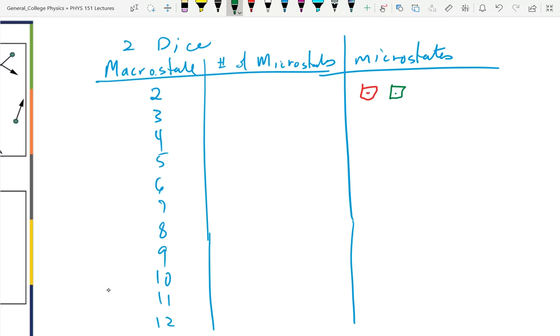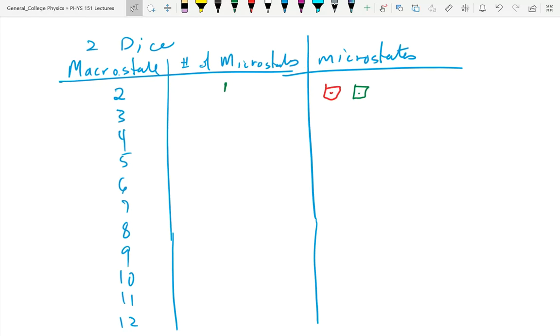So there's only 1 microstate that gives you 2. For 3, I could have one or the other, and either one of those gives me 3. So that means that there are 2 microstates for 3.